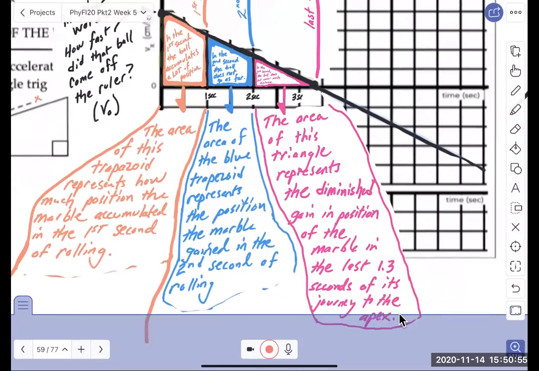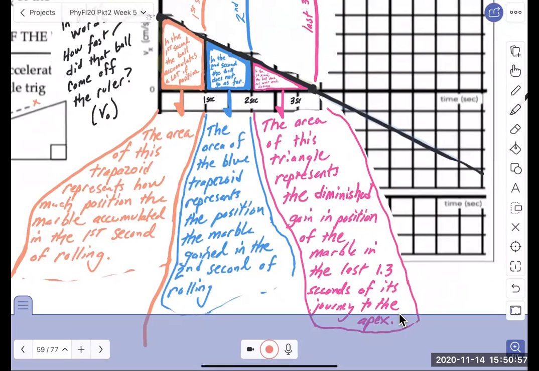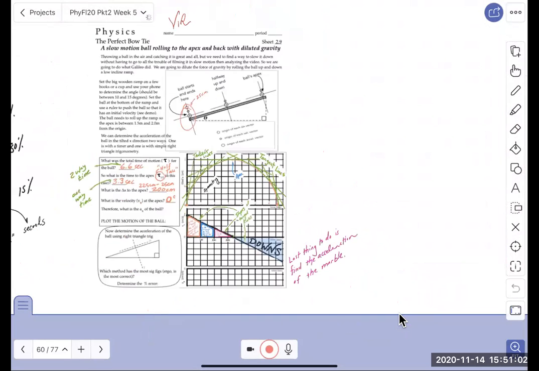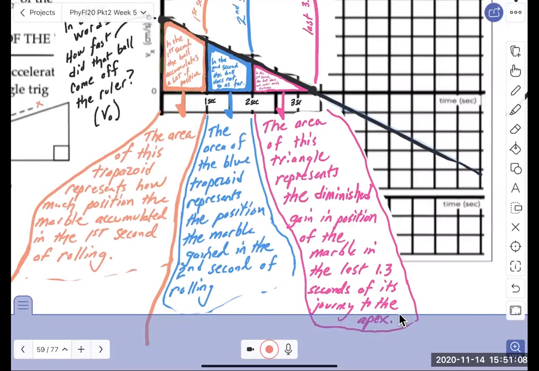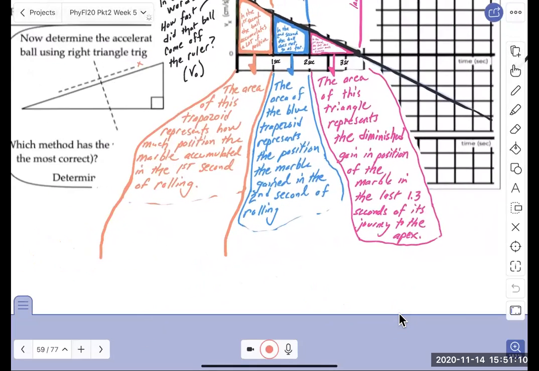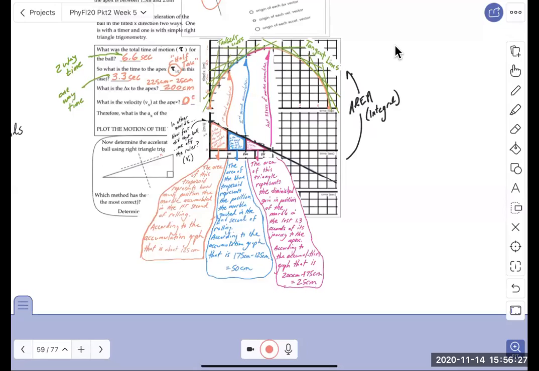Okay, so the area of the blue represents position the marble gained in the second second. I thought I had worked that out, but somehow that did not get on here. Let me pause this because I had that worked out somewhere. I'll come right back.